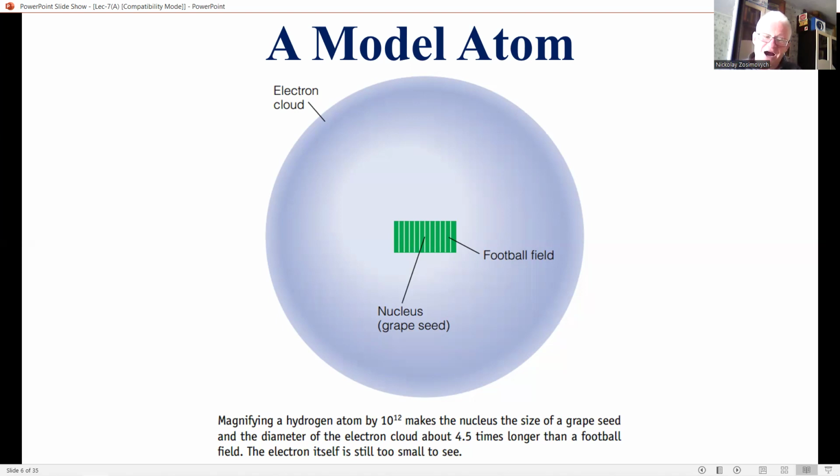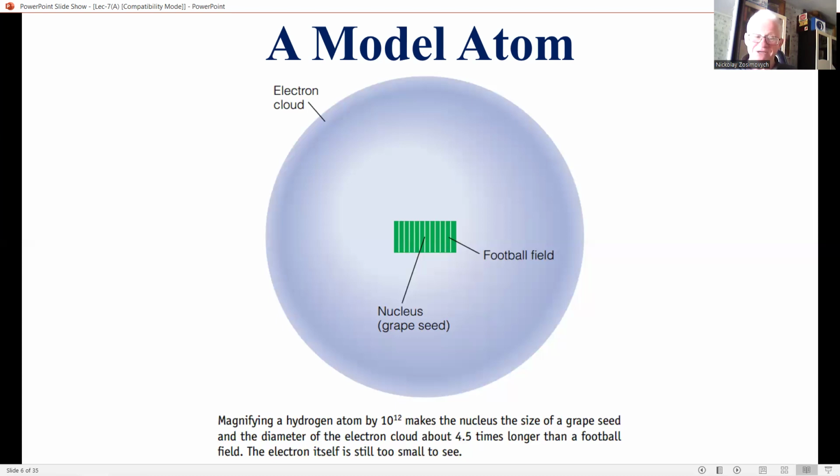The region of a hydrogen atom that contains the electron has a diameter of about 0.4 nanometers or 4 times 10 to the power minus 10 meters. Multiplying by a trillion increases the diameter to about 400 meters, or about 4.5 football fields laid end to end.